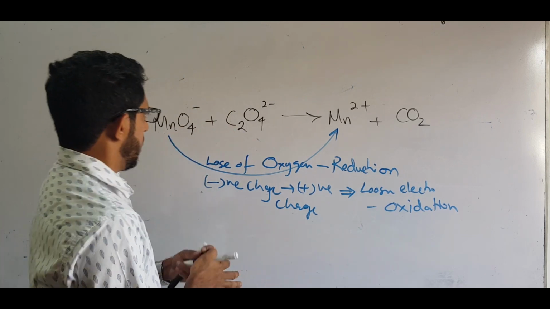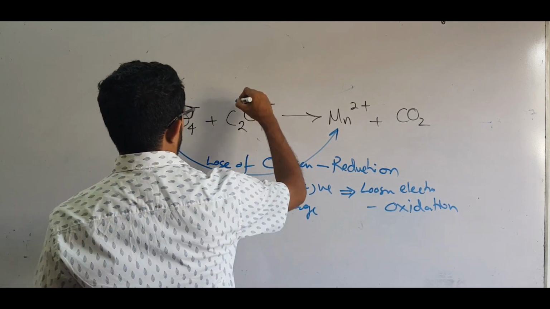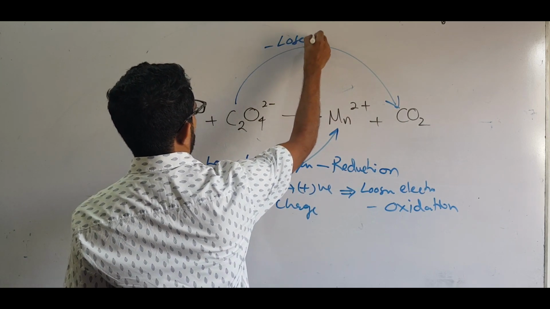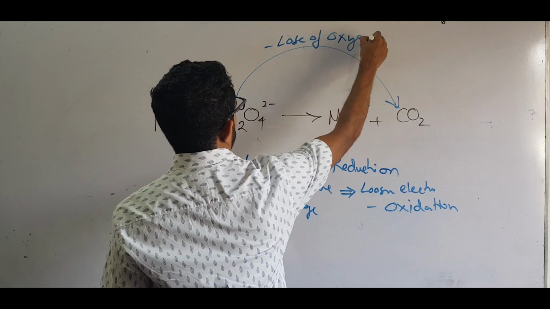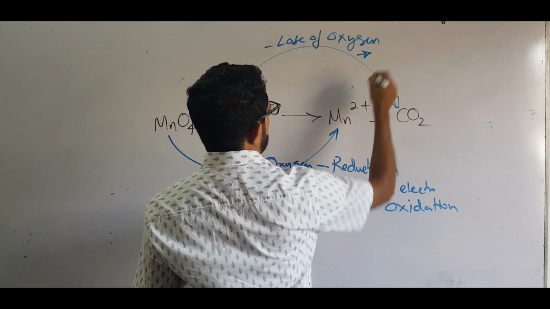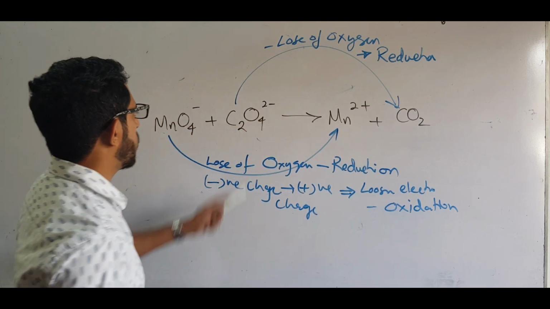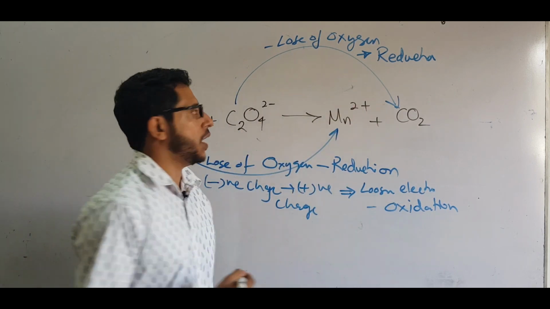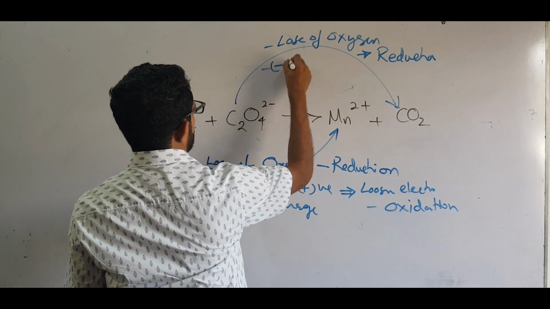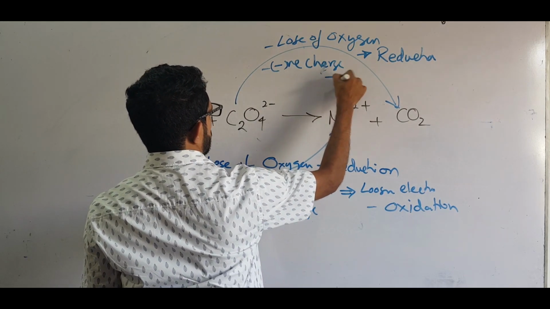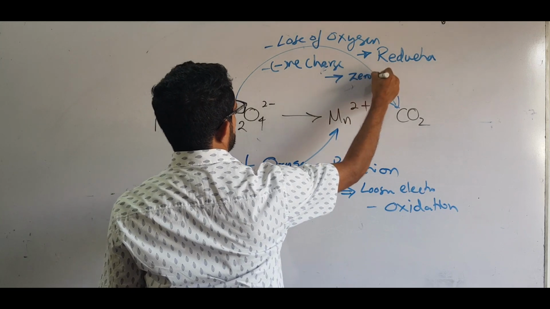If you come back to this one, C2O4 2 minus to CO2, loss of oxygen. So loss of oxygen means reduction. But again, you can see negative charge has neutralized, negative charge to 0 charge.